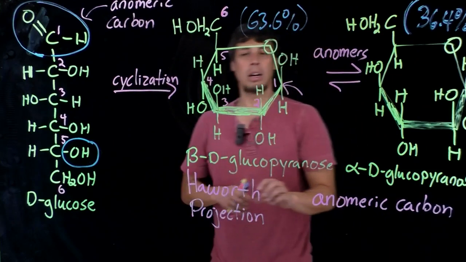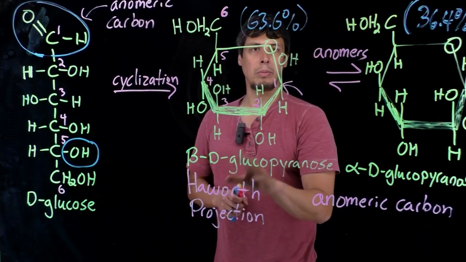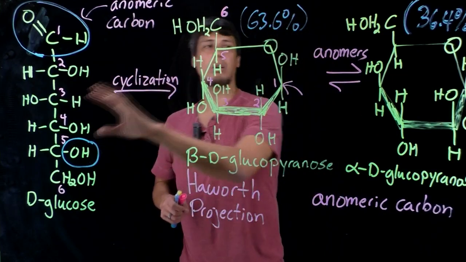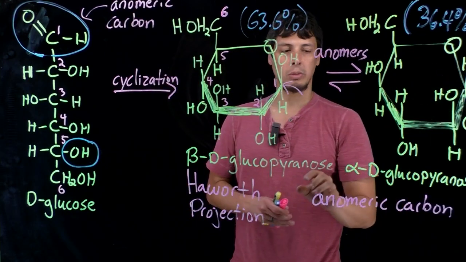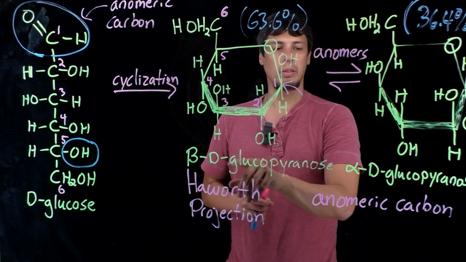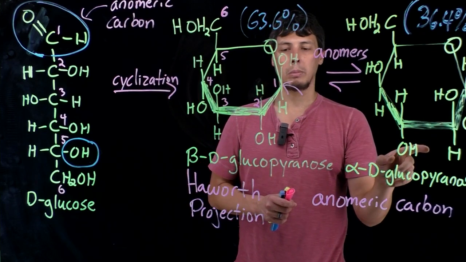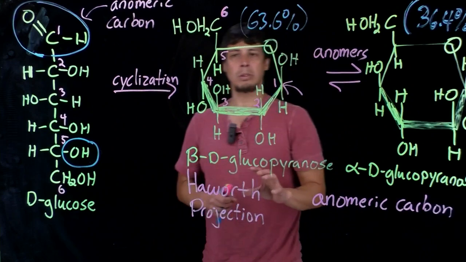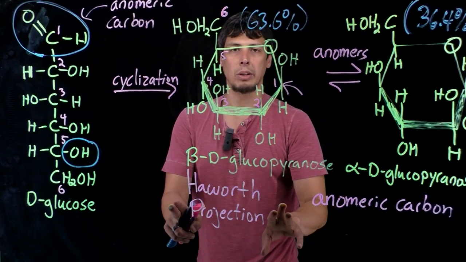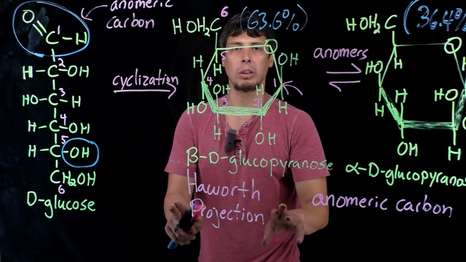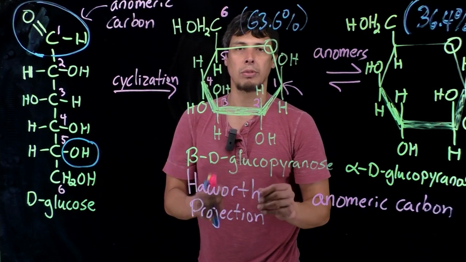Okay? And so we can have this equilibrium because these can interconvert back to linear form and then back and then into one of the other anomers. So we have this equilibrium between the beta and the alpha anomer of this glucopyranose. And we've drawn this as a Haworth projection so that we can show what the stereochemistry is in this form. Okay?